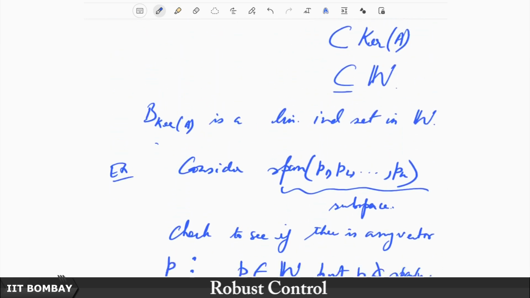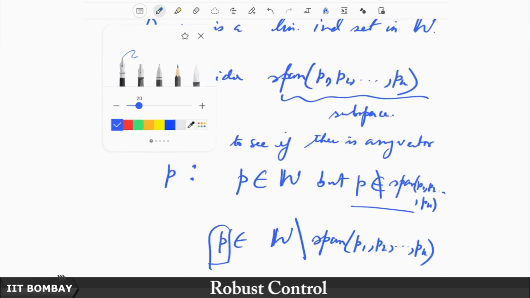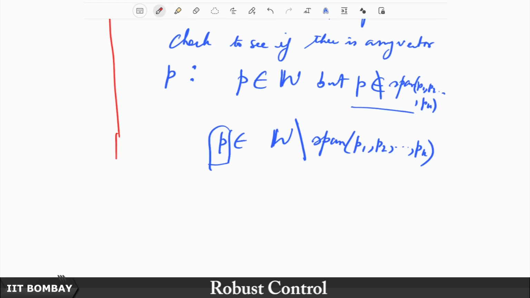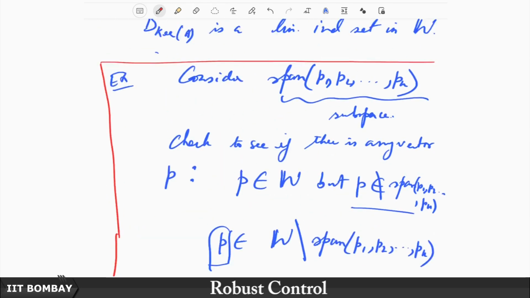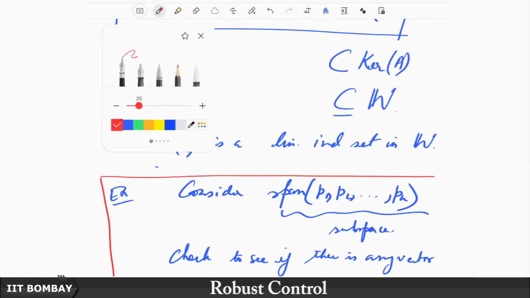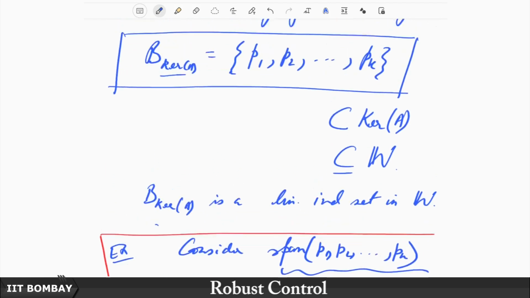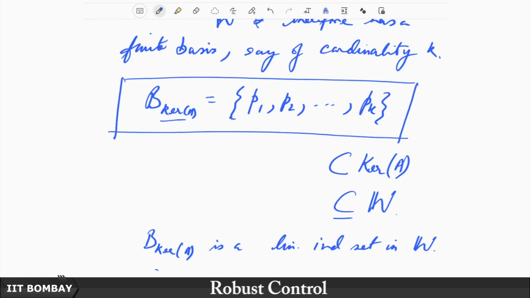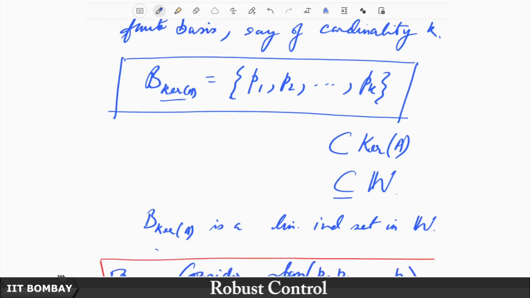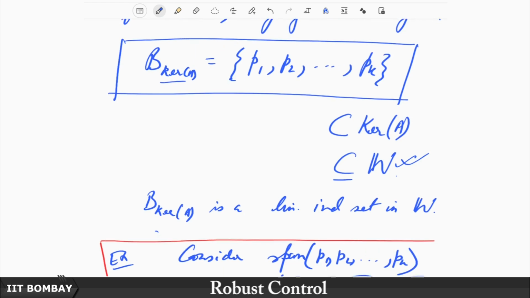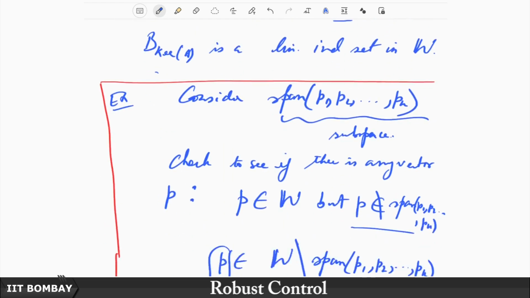Why is this very crucial? Because now we are going to use exactly this result. So let me put this in a red box and return to the Rank-Nullity Theorem. What does the Rank-Nullity Theorem say? Now we have assured ourselves that there does exist a basis for the kernel of A, where each element from this basis also belongs to W, because after all the kernel of A is a subspace of W. Good.